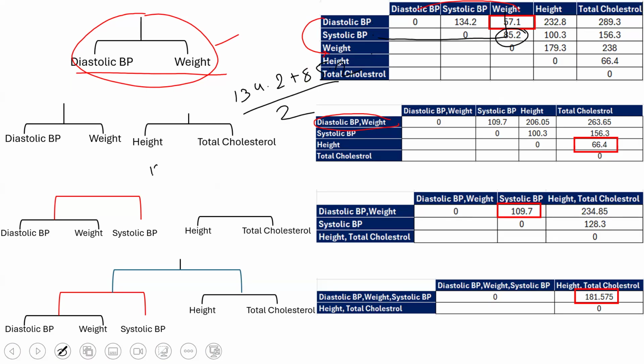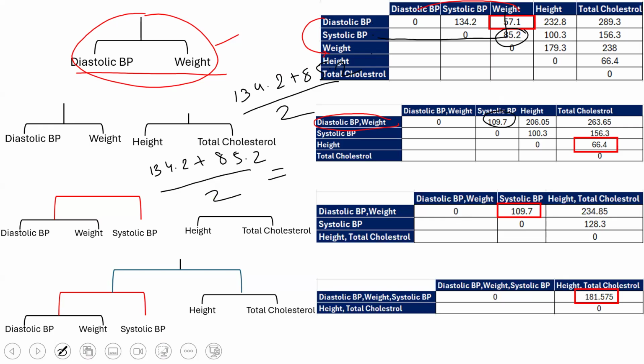So that comes down to 134.2 plus 85.2 divided by 2. What is the value of that? It is nothing but 109.7, right? So this is 109.7.